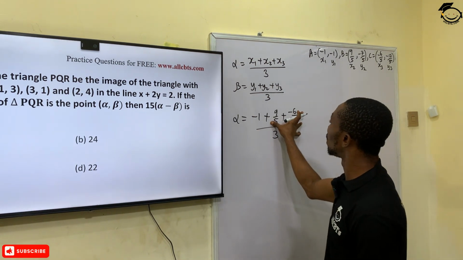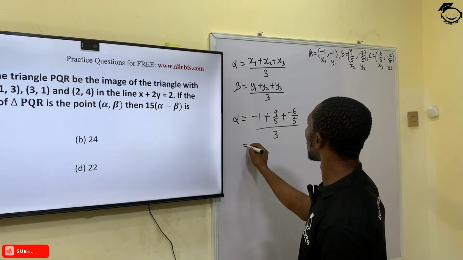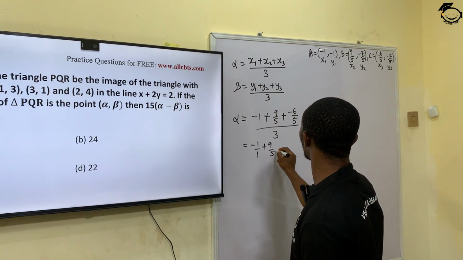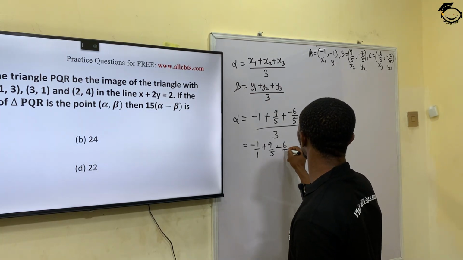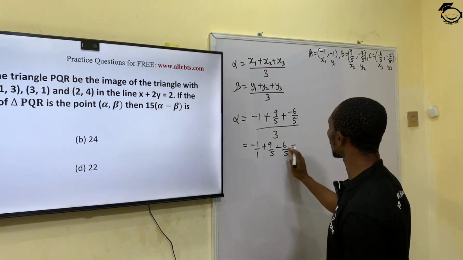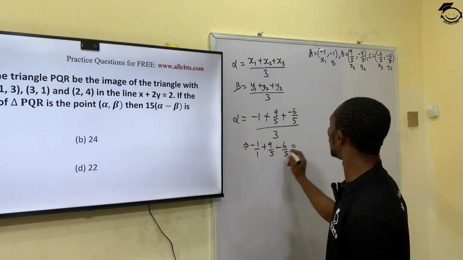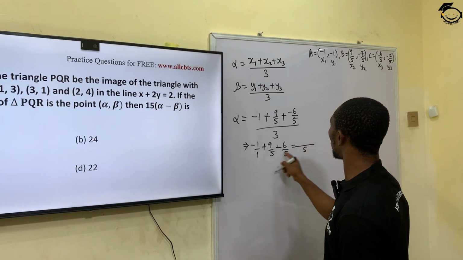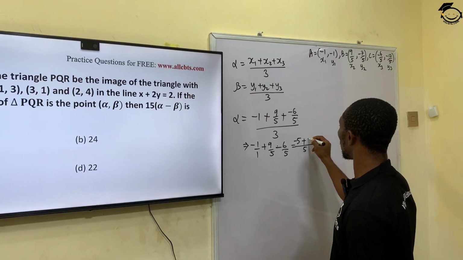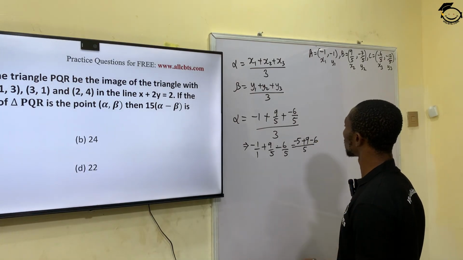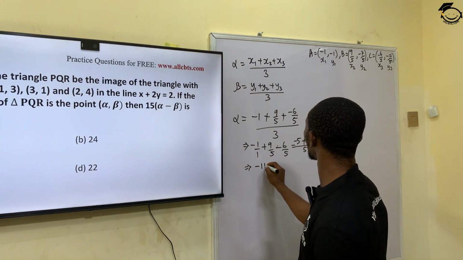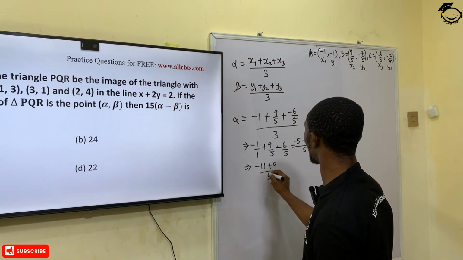Okay, let's work with our numerator first. Now, we have minus 1 over 1 plus 9 over 5 minus 6 over 5. Our LCM here for our numerator will be 5. So 1 into 5 will give us 5, 5 times 1 will give us minus 5 plus 9 minus 6. So this gives us minus 11 plus 9 over 5. Okay?